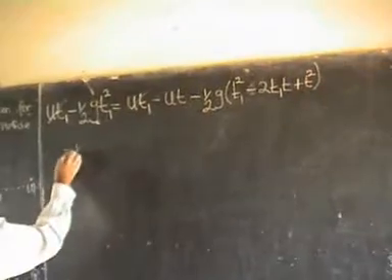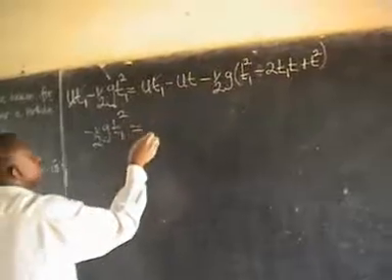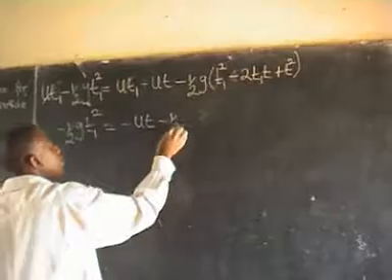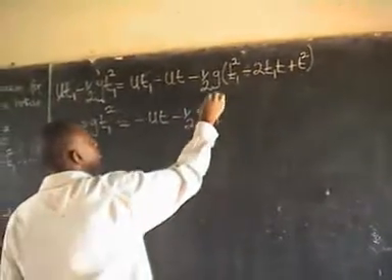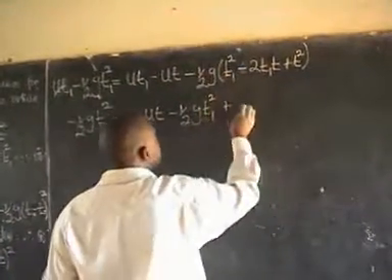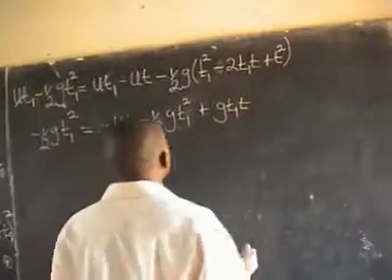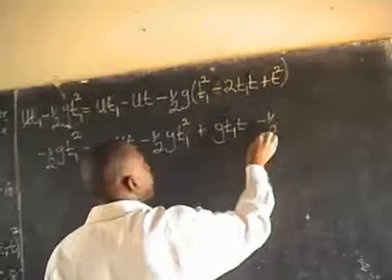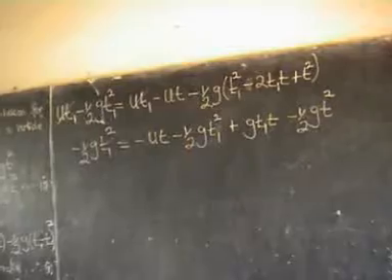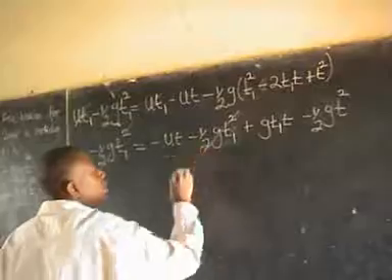So we shall have negative a half g t1 squared is equal to negative ut minus a half g t1 squared plus the 2 will cancel with that g t1t minus a half g t squared.